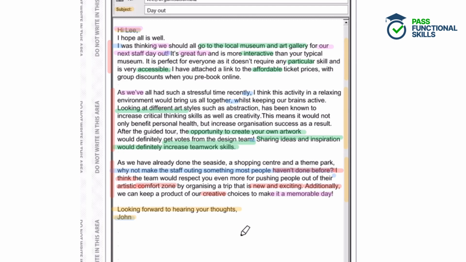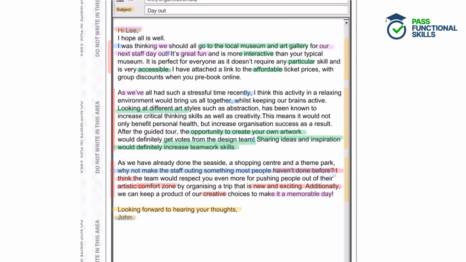We've also got some colloquial slang phrases, like great fun, for example, just to ensure that we are being correctly quite informal. As well as using appropriate language, we need to try to use complex sentences in our answers. So these are sentences that have multiple different parts, lots of different ideas that are connected by commas or other punctuation, or perhaps connectives.